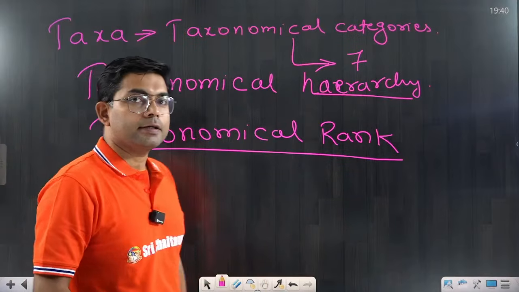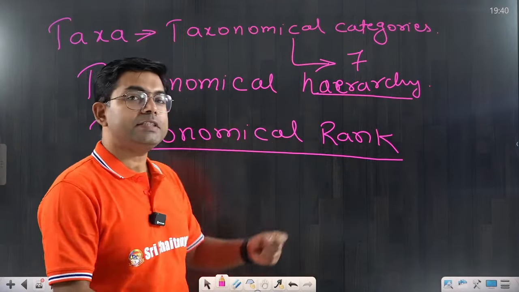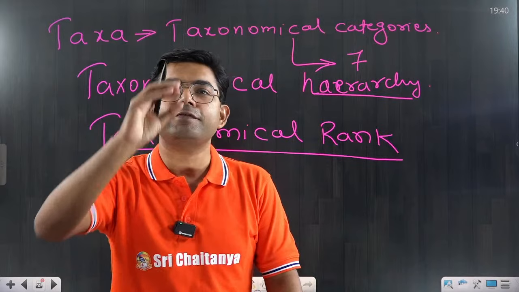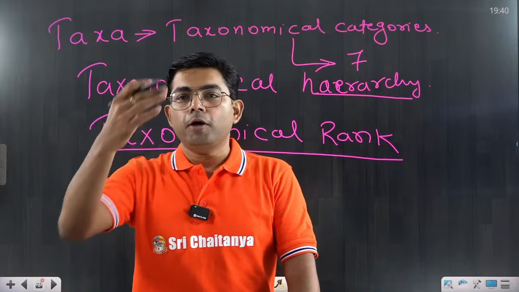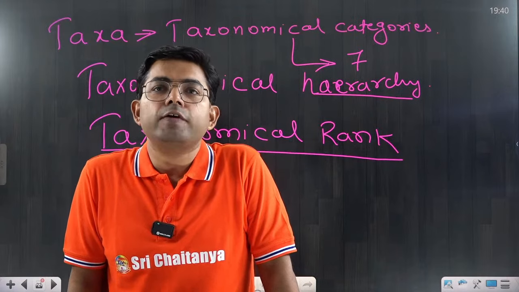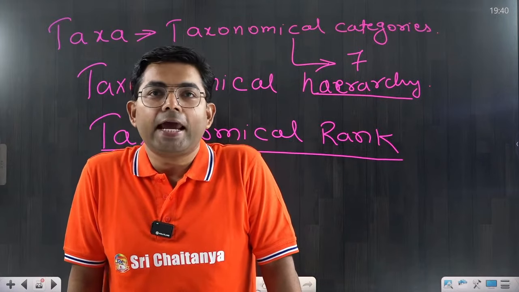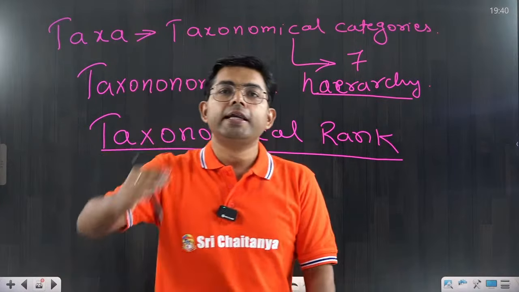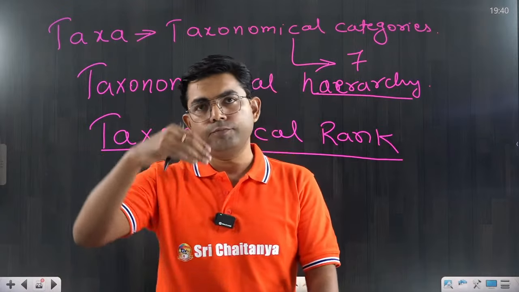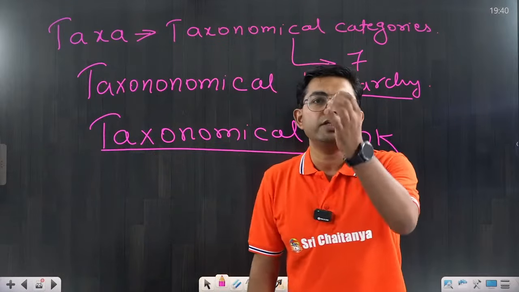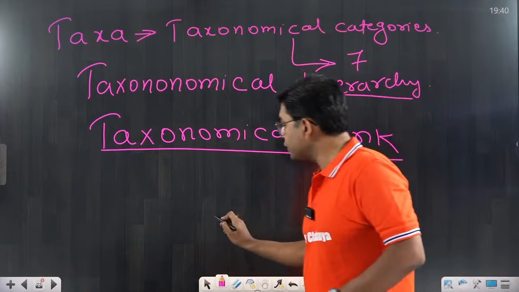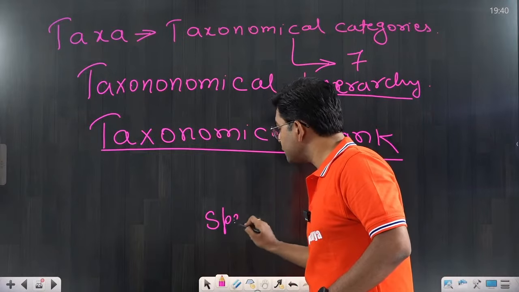If I say rank, it means rank gives us a relative arrangement. For example, tomorrow you will give the NEET exam and you will get a rank. Whatever rank you get, some will be lower than you, some will be higher than you. In the same way, if I ask which is the lowest rank, you will say species is the lowest rank.